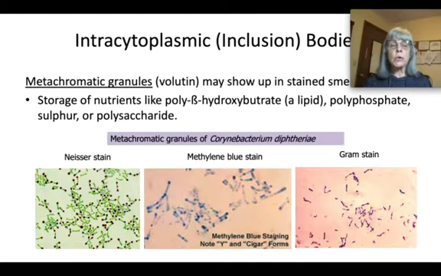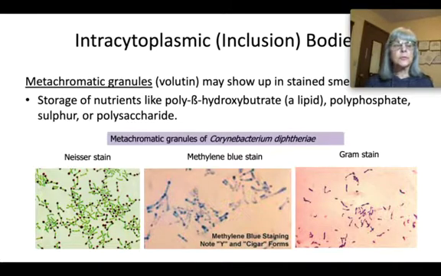So below are 3 different stains using that bacteria and showing the metachromatic granules. In the nicer stain, you'll see that the green rod-shaped part is your bacterium. The little dots, I don't know if they're purple or brown, kind of look like matchsticks.